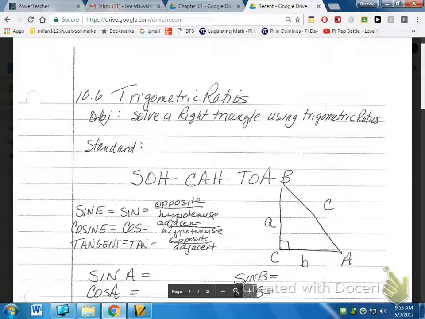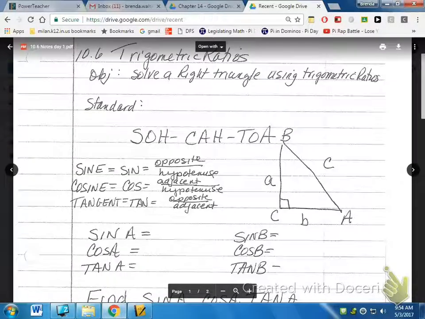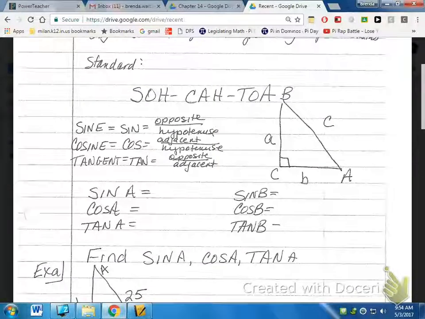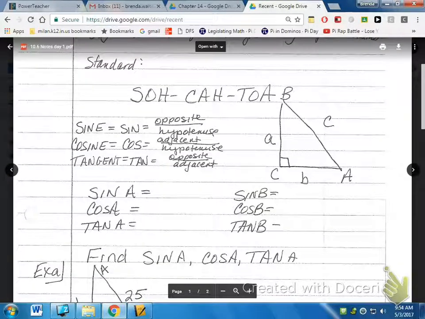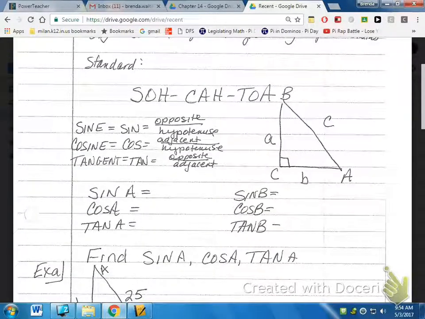There are three others that you will get to when you're in more of a pre-calculus, maybe even geometry stage. But what they're defined as is this. Sine is spelled S-I-N-E. We abbreviate it, and you would see it on your calculator as S-I-N, but you do not say "sin."